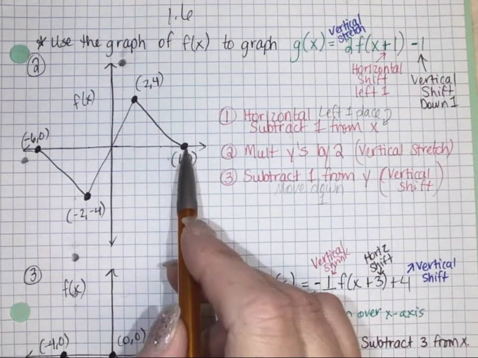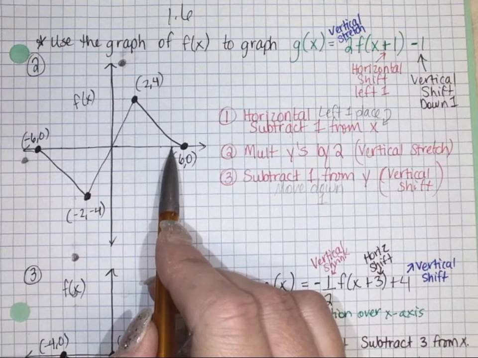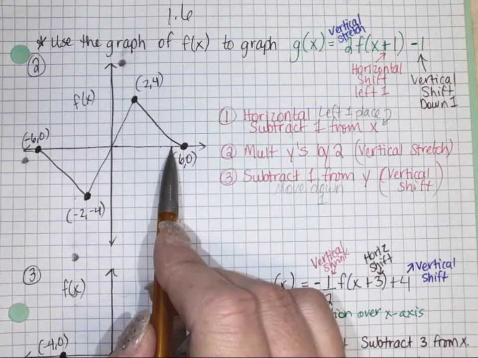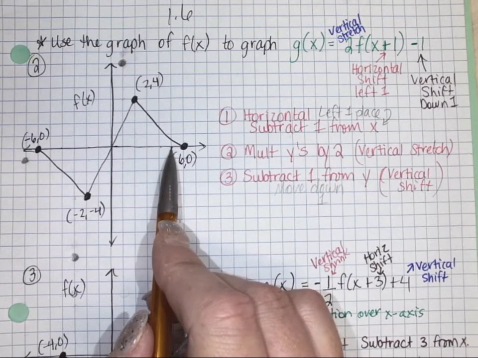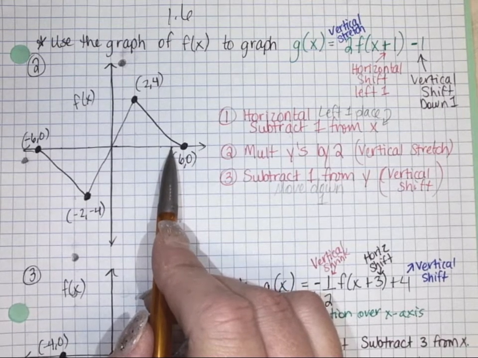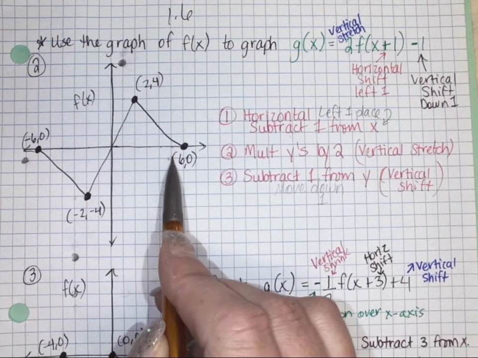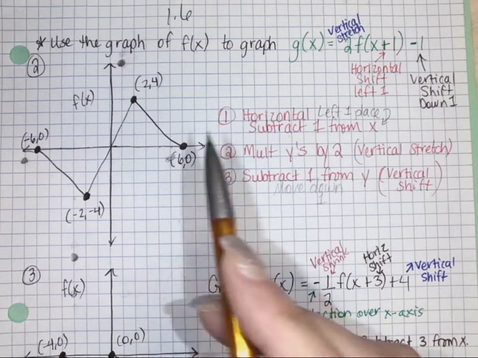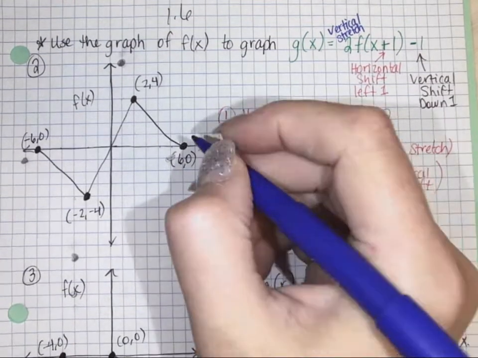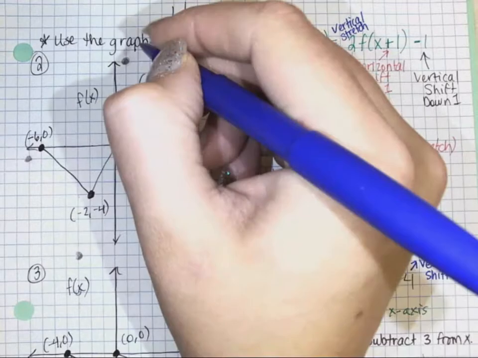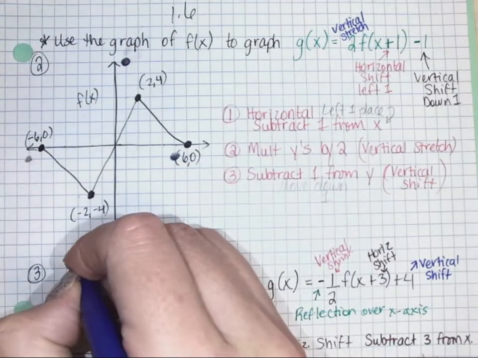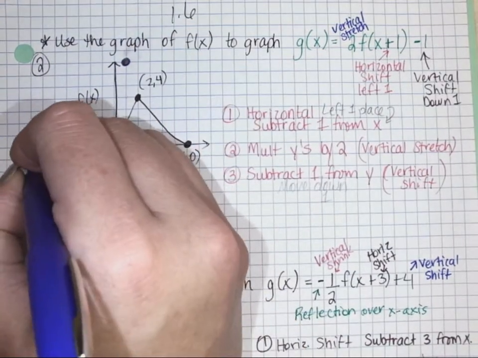Okay, this point, we're going to move it left 1. If you multiply that y of 0 by 2, you get 0, so we don't move anywhere. But then the third step says move your point down 1. So that point moves here. Now my new graph, I performed all those steps on every point, and just connect your points.